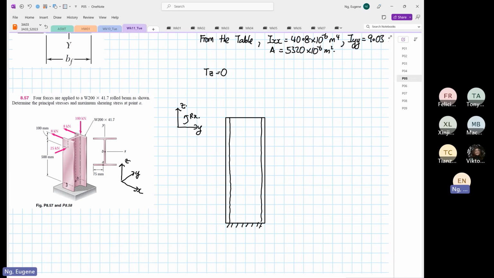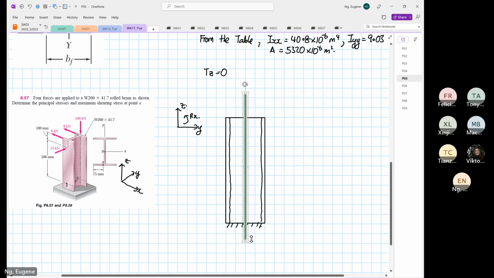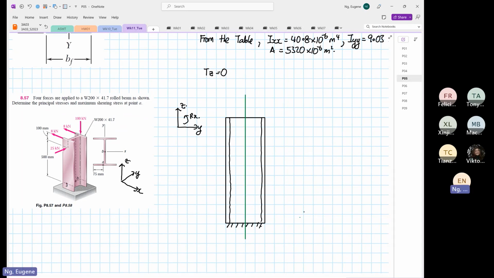Okay. Then we find our centroid over here. Okay, and then we have our element A, and then we have our element B. Then we put our forces.